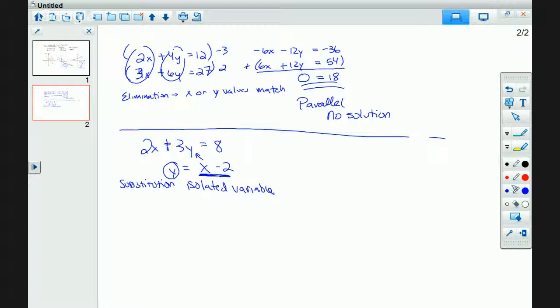So that is going in there. I'm just going to do it in color, so you don't have to erase them. Right? 2x plus 3. And then I'm going to plug that into it. X minus 2 and y.